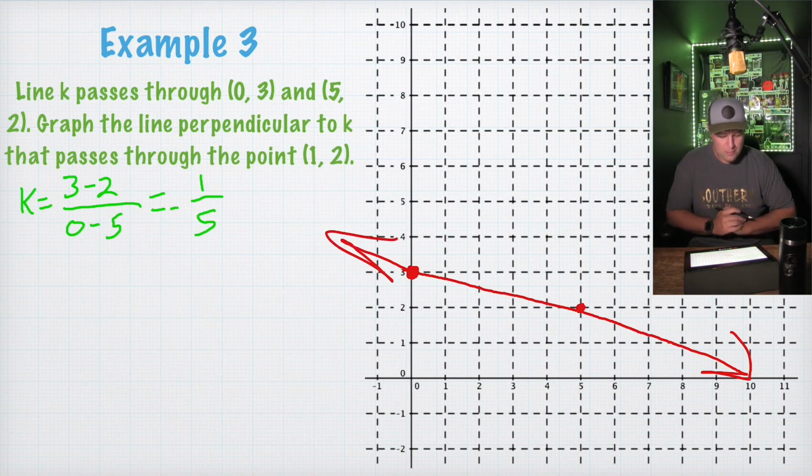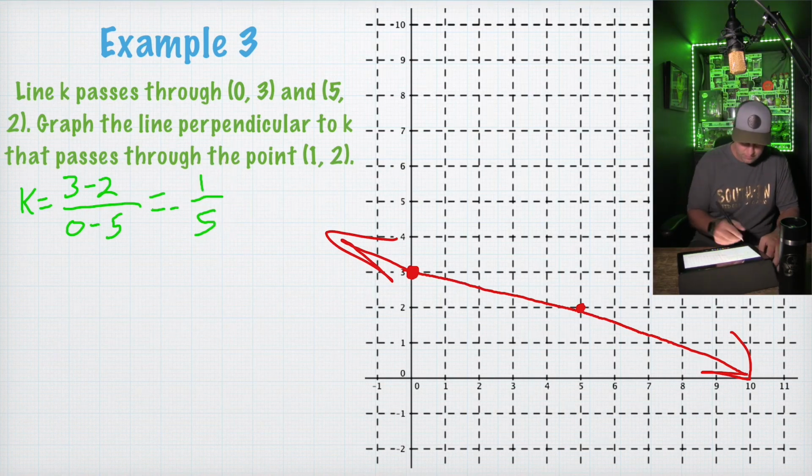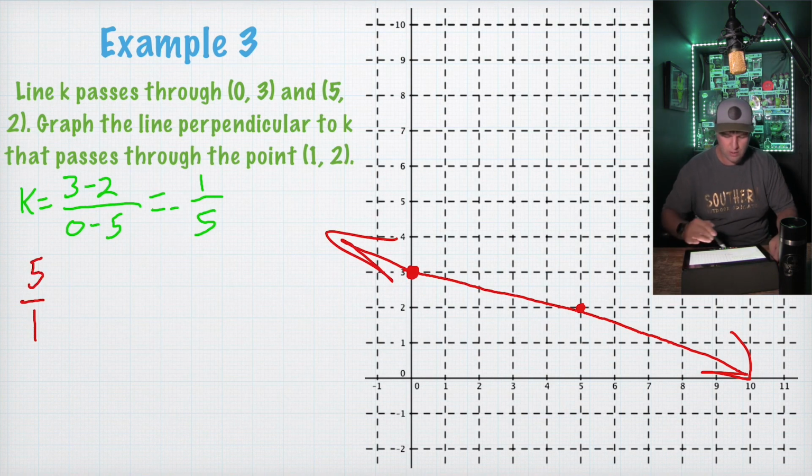Now we have to find the perpendicular to that point. And perpendicular, like I said, is going to be the opposite reciprocal of this. So we have to find the slope of our new line. So the opposite reciprocal, flip the 1 and 5, so it's 5 over 1. And it was negative, so it's going to stay positive. So we know that the slope of our new one is going to be running in this direction, positively.